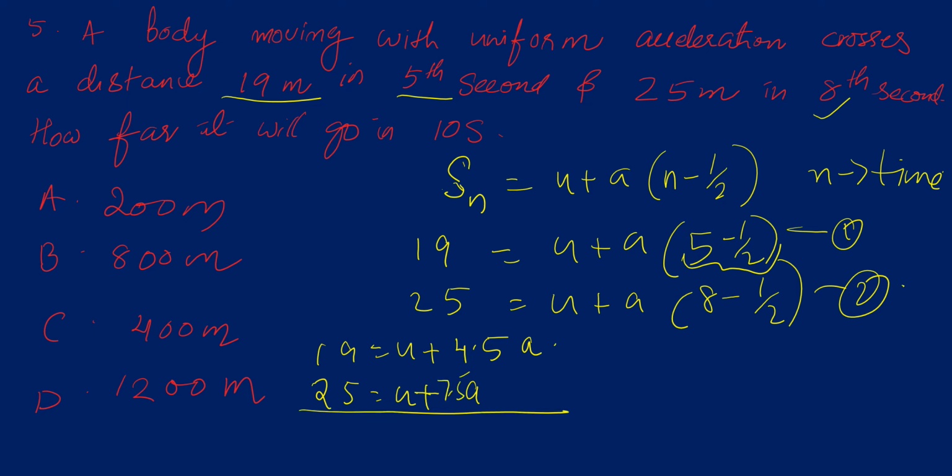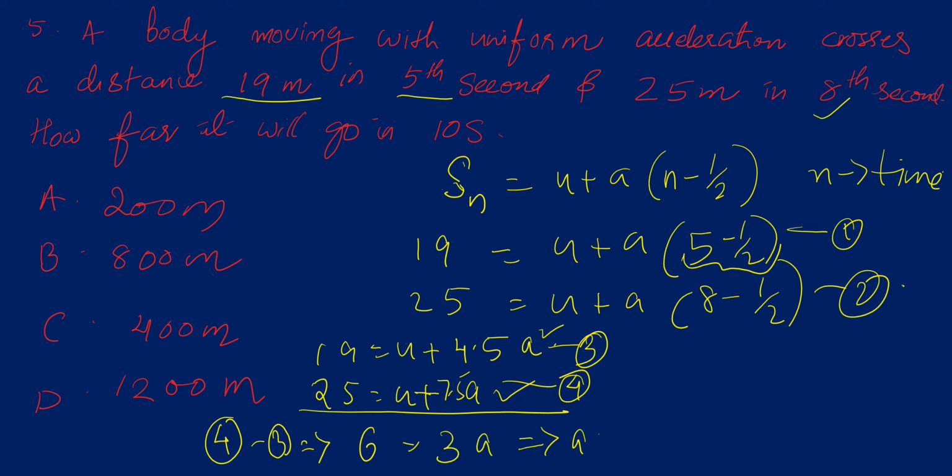So equation 4 minus 3 gives 25 minus 19, which is 6, equal to u minus u, which is 0, plus 7.5a minus 4.5a, which is 3a. That gives a equal to 6 by 3, or 2.